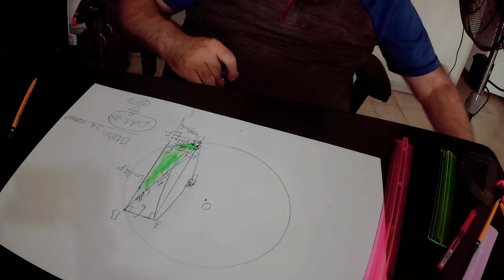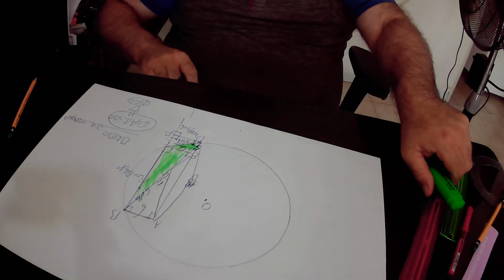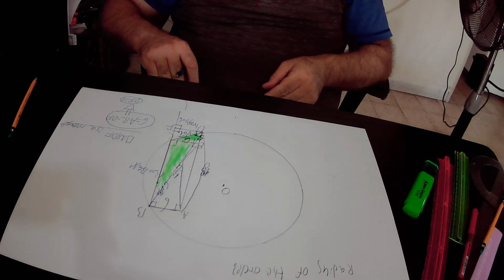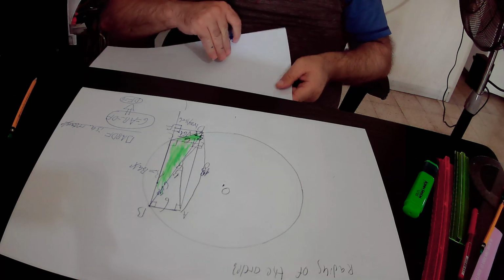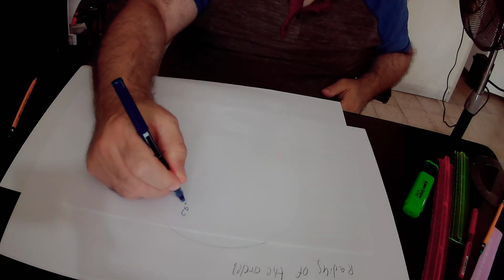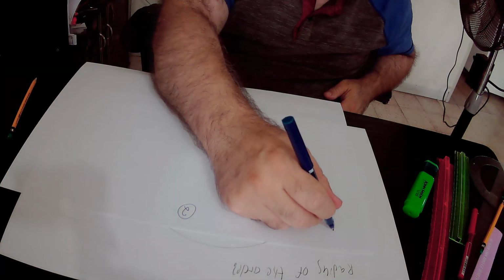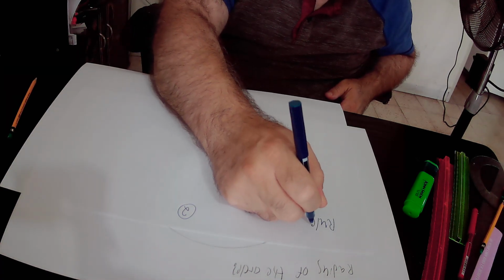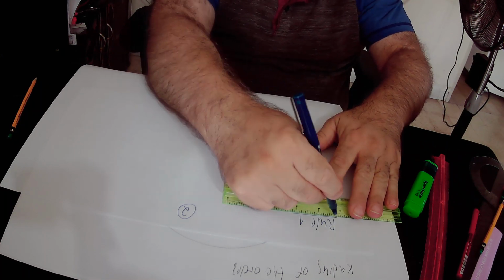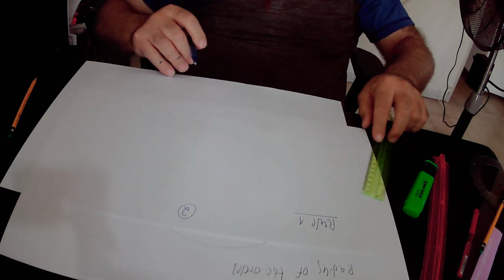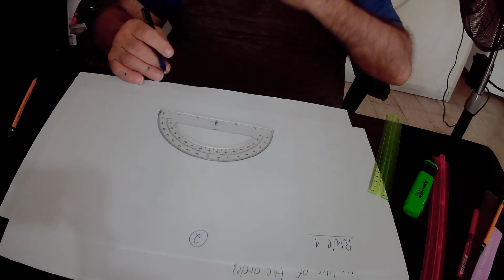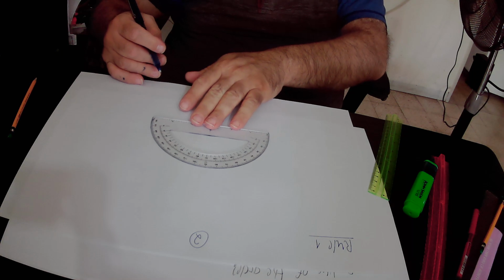In the next step, I will present to you a new rule, and we will implement the new rule in our drawing. According to the new rule, that will be rule number 1. Actually, I will draw the drawing of rule number 1.